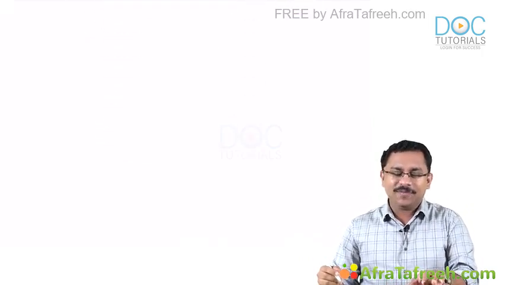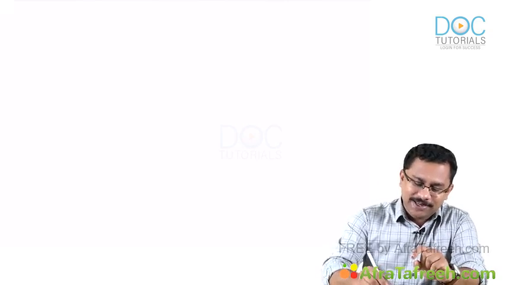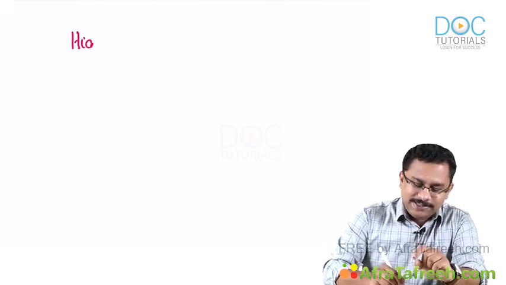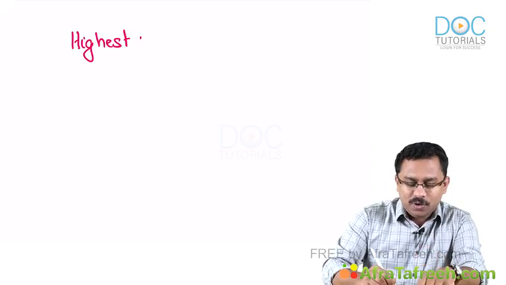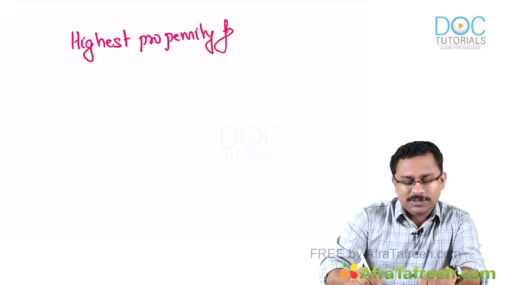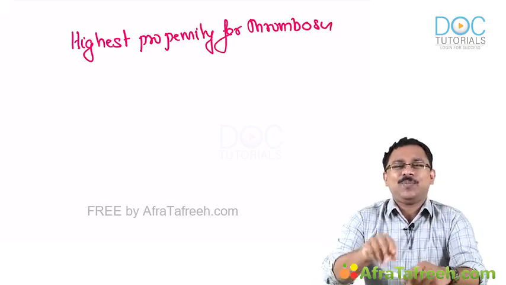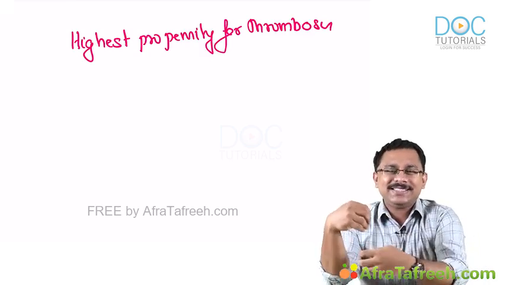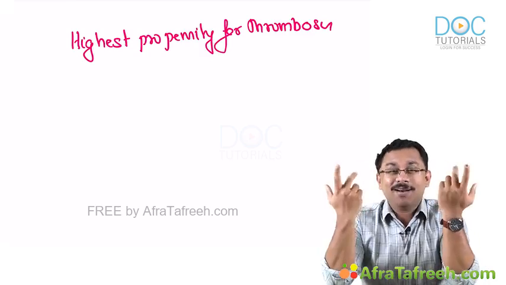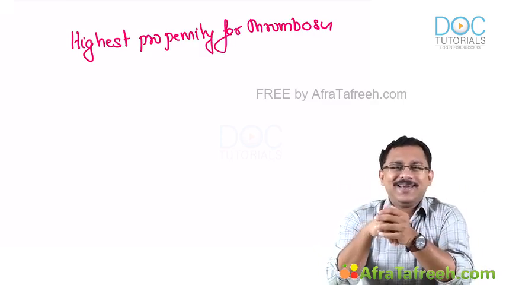Another point you have got to know is that membranous nephropathy, among all the glomerular disorders, has the highest propensity for thrombosis. Patients with membranous nephropathy may develop a venous thrombosis, maybe a cerebral venous sinus thrombosis, a renal vein thrombosis, or a pulmonary embolism.